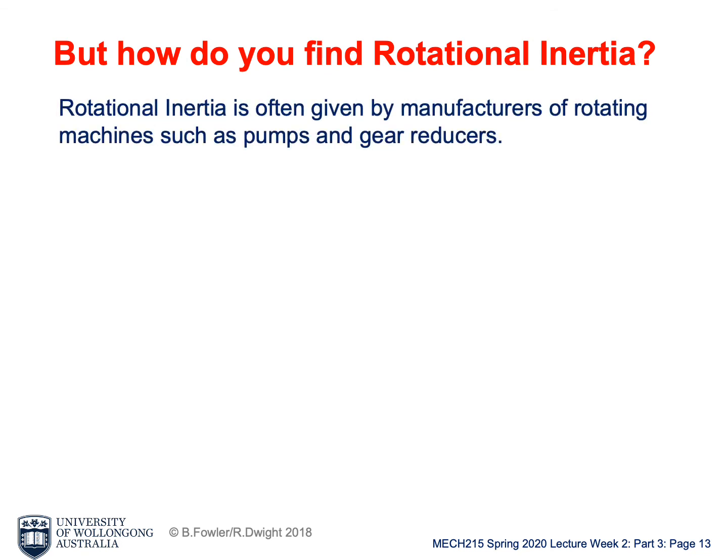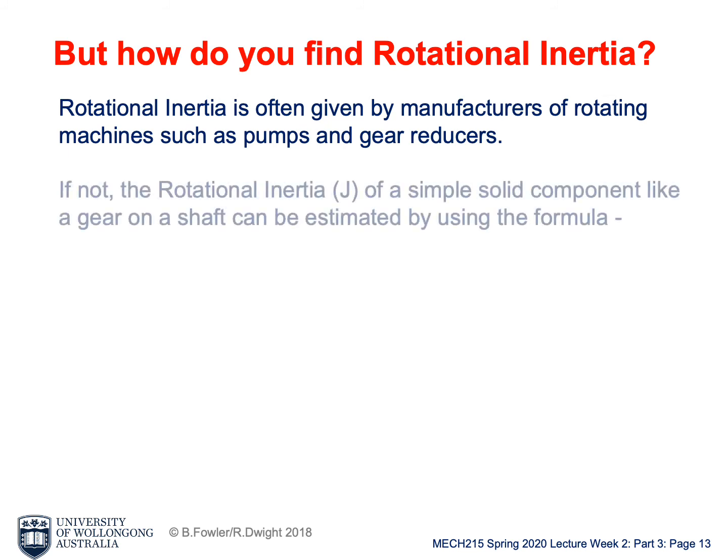But how do we find the rotational inertia of the load? For some products like gear reducers and pumps, the manufacturer provides standard data for the inertia of that particular machine. If the rotational inertia is not given by the manufacturer, for example, if you're going to design a gearbox, then this J needs to be calculated by yourself.